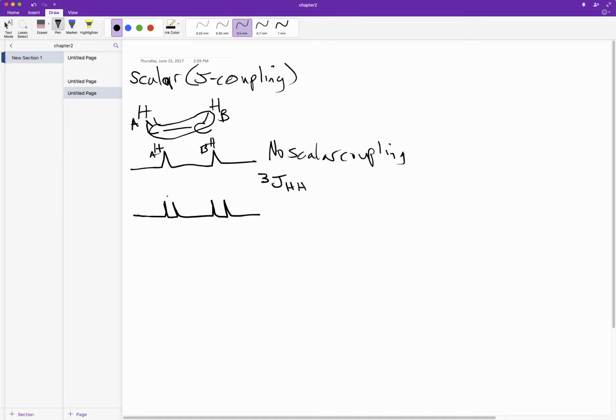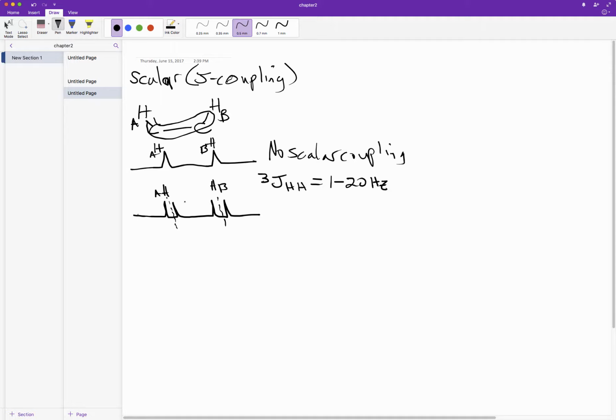And so will this guy. So this peak HA will still be right there, and HB will still be right there, but they're going to be split by some coupling constant, from 1 to 20 hertz, something in that range, depending on the chemical environment.